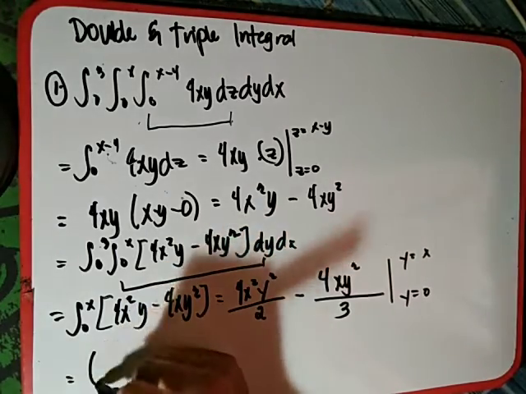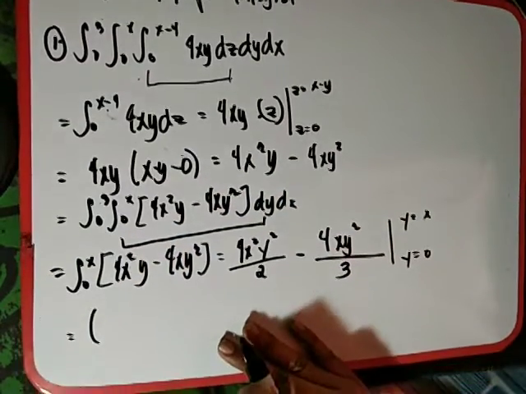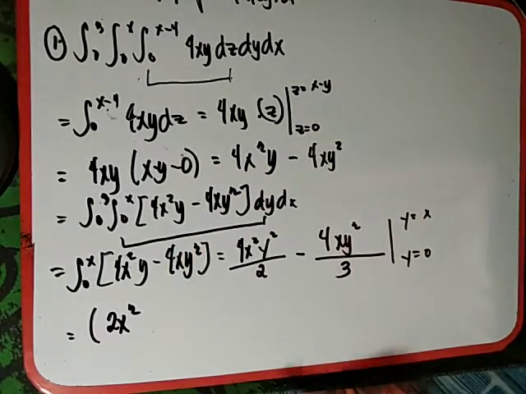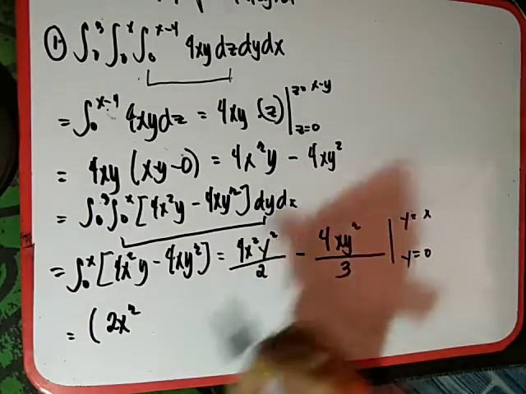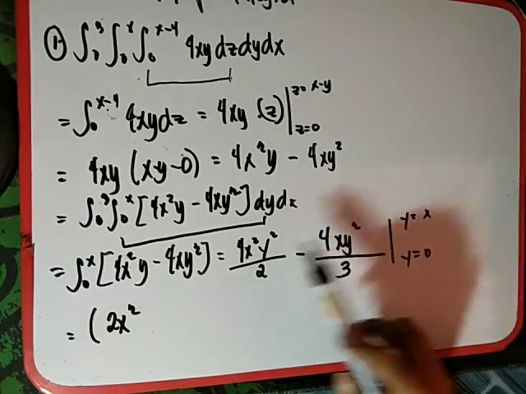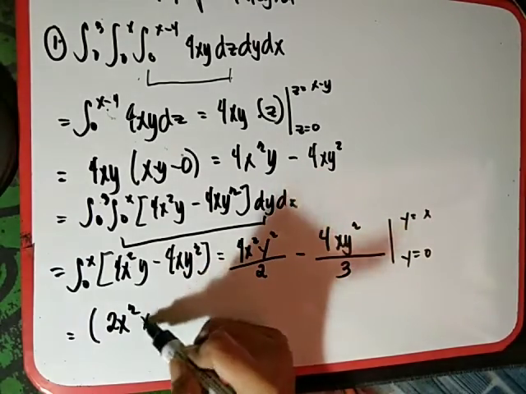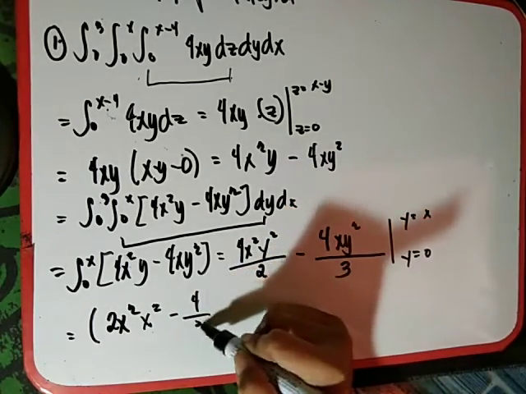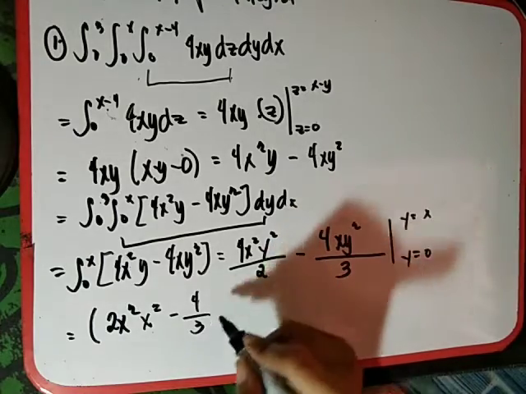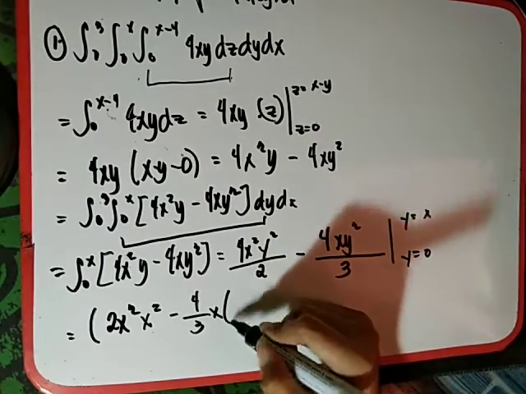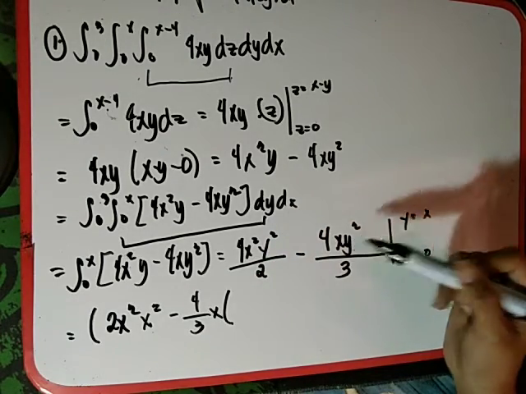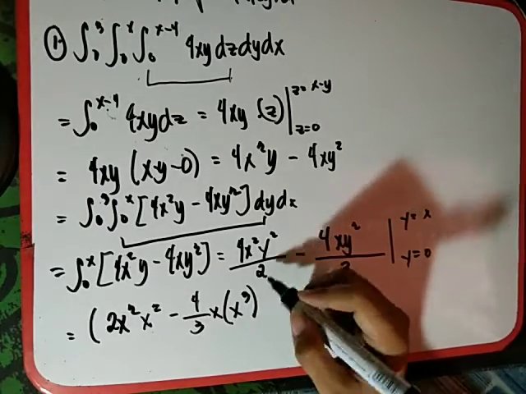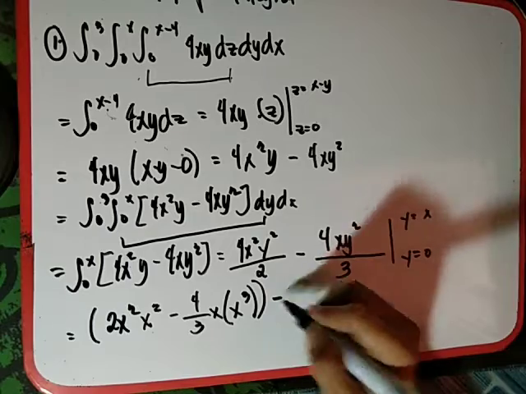So we have 2x squared, because this is y, we will substitute y to x. So we have x squared minus 4/3 x. We will substitute y to x again, so we have x cubed minus 0.